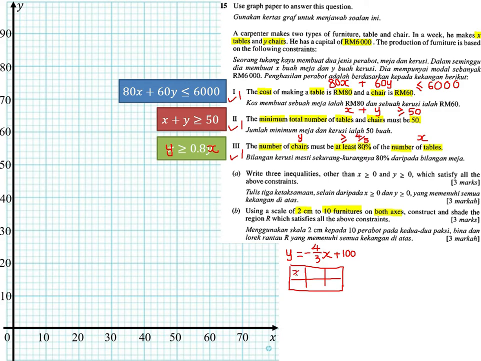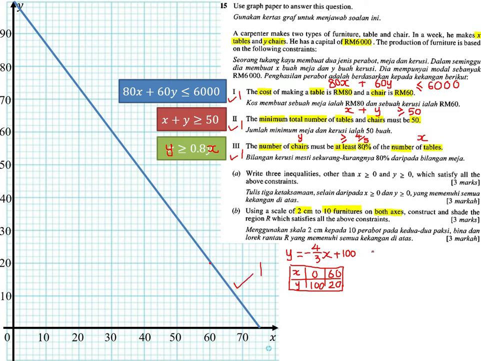When x is 0, y is 100. That will give us our first point. So now we choose the second point here. If x is 60, y is 20. So that will give us our second point, which is somewhere here. Now we join it. Okay, with the correct x-axis and y-axis, correct scale and the labeling with the correct first graph, you will get your first mark.